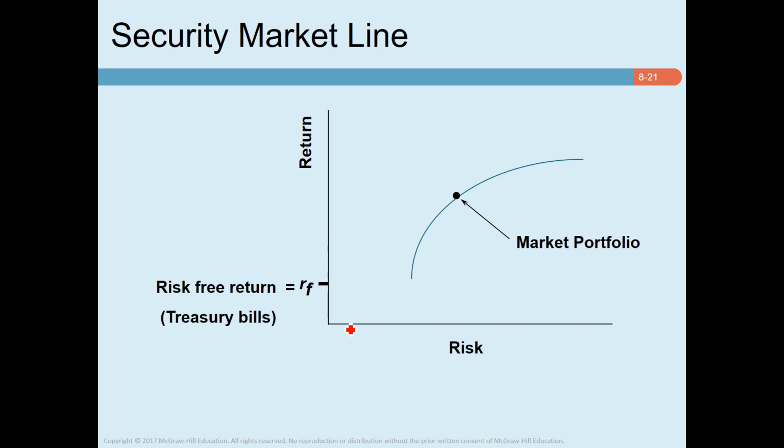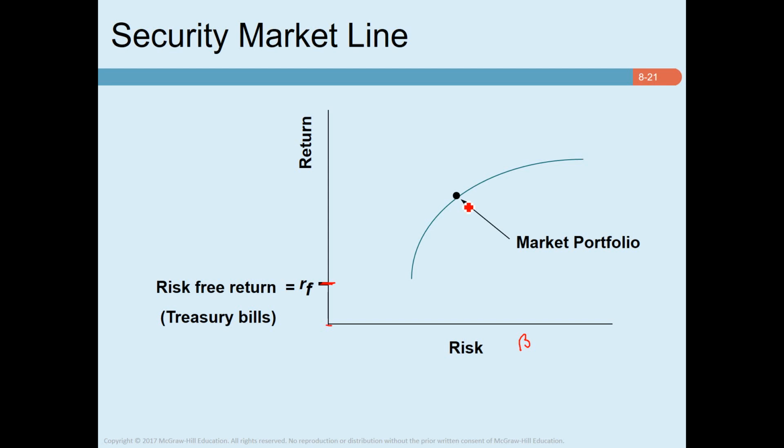Now, if you look at this diagram, you can see the return you generate from a Treasury bill, and the risk, which is basically beta. The risk of the Treasury bill return is 0. On the other hand, look at this market portfolio. The market portfolio has a return much higher than the rate of return generated by Treasury bills.